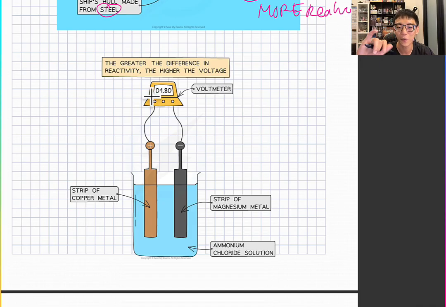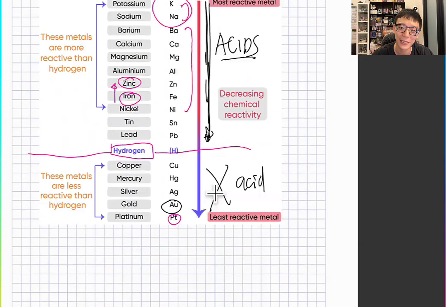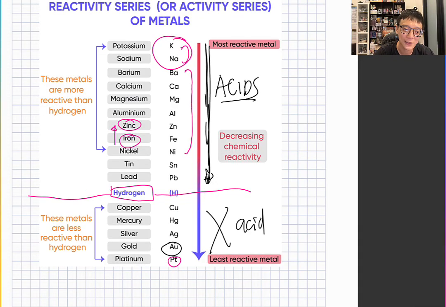The bigger the difference in reactivity, the higher the voltage that they would produce. So here, for example, copper and magnesium. Let's see their difference. Copper is here, kind of low, and magnesium is here. So the difference is this big. So they would create quite a potent battery.